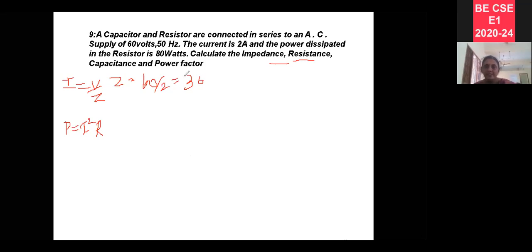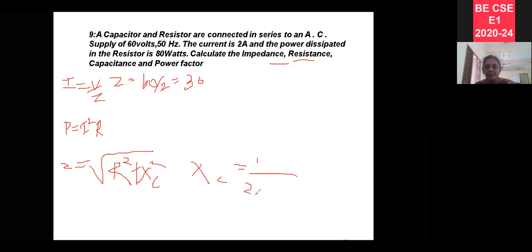Right. Now after resistance, you have to calculate the capacitance. How to calculate it? You know the formula, Z is equal to square root of R square plus XC square. Now impedance is given, resistance is given. You can simply calculate the XC value. After calculating XC, you know XC is equal to 1 by 2 pi FC.